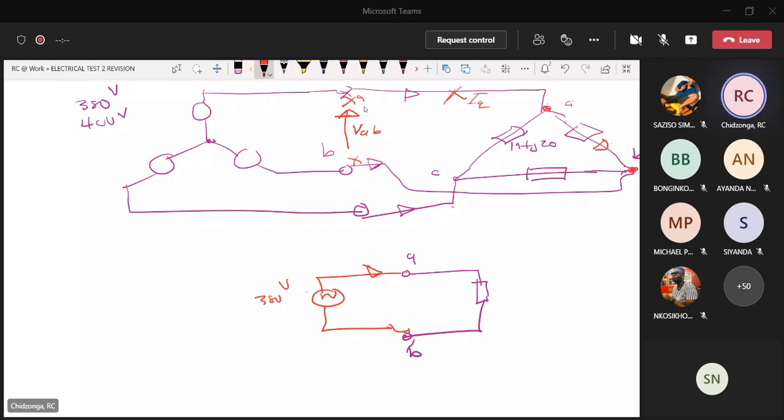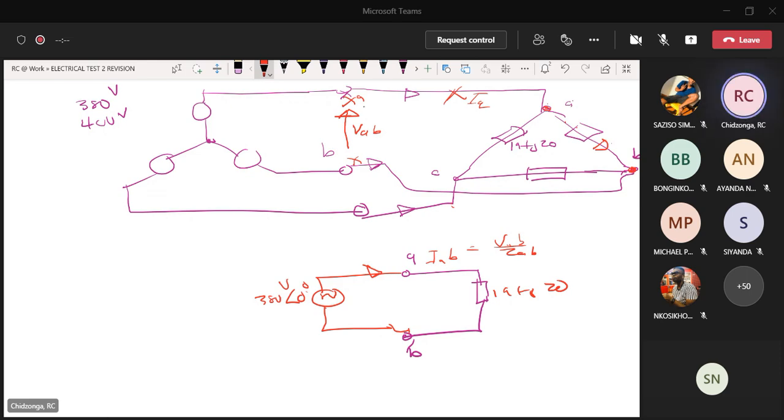So if that is given, 19 plus J20, and this is specified maybe with an angle, you can obviously calculate that current, which will be IAB, the current in that phase. Use Ohm's law, VAB over ZAB. That gives you the current, and then every other current you can specify by phasing them by 120 degrees.